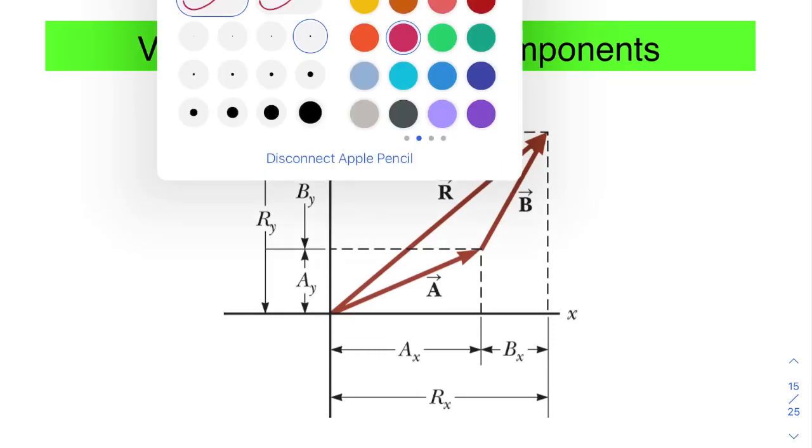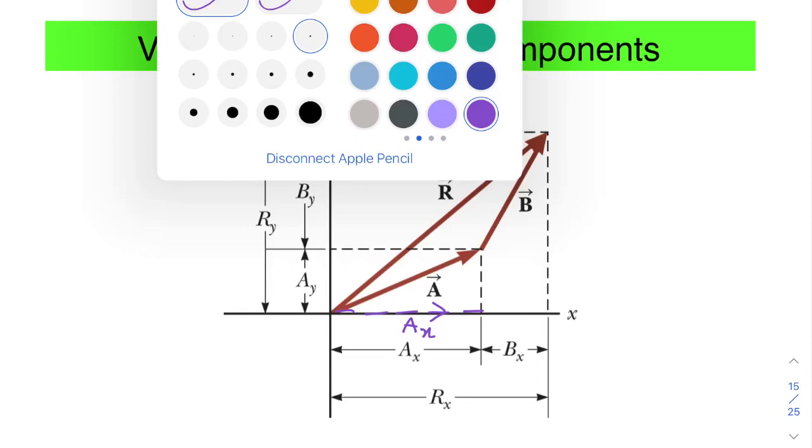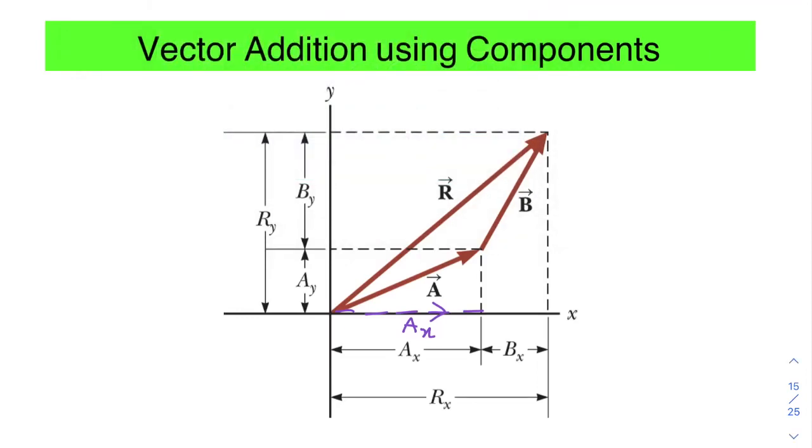Let me redraw for you. Here is Ax, the component of it, and the component of Bx is here. This is Bx. So adding up Ax and Bx gives you Rx.